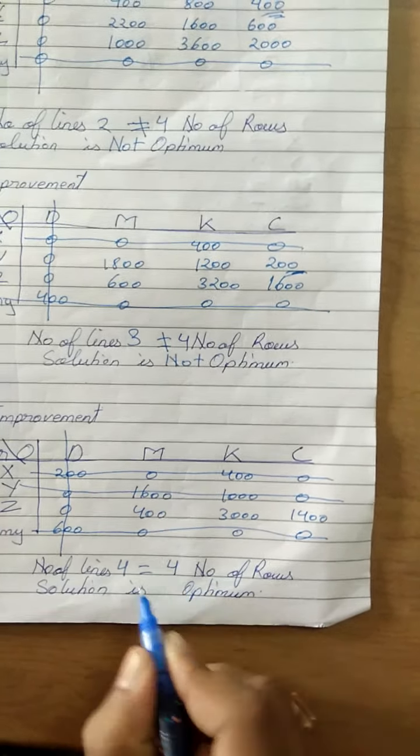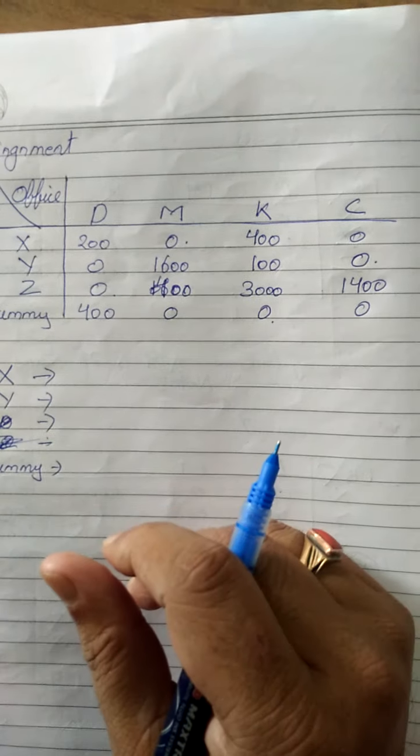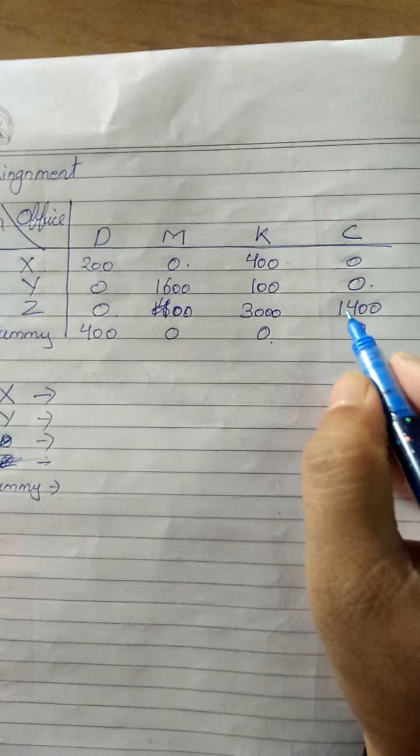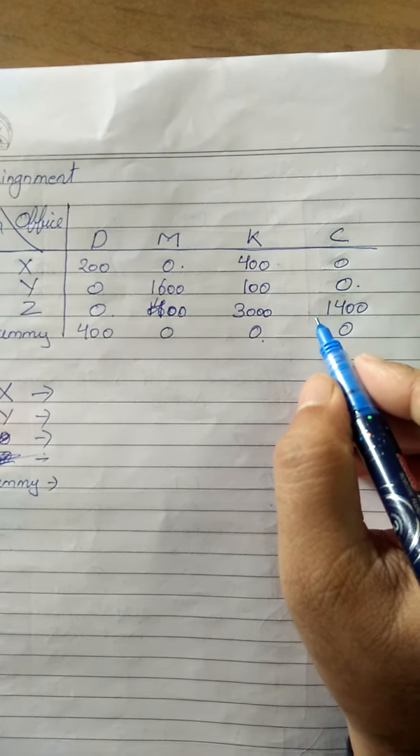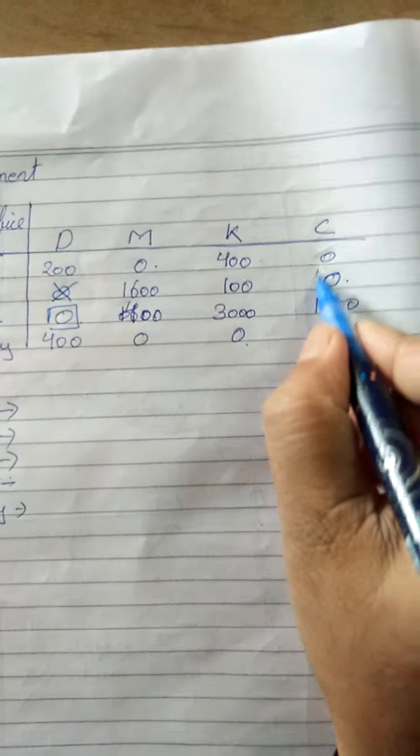Now the next step is to do the assignment. For this, we take the newly formed matrix. Check the row or column which has only a single zero. The single zero is in the third row, so we mark it with a square and cancel the corresponding zero. Any other single zero? Yes, this one.